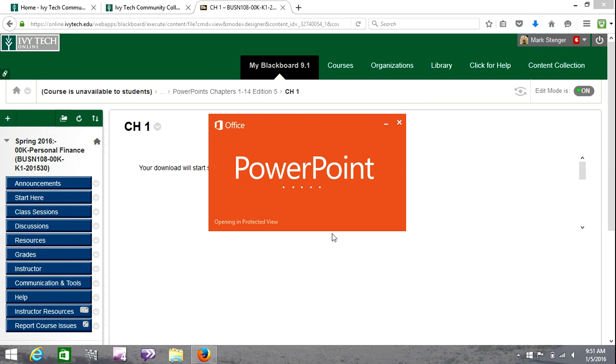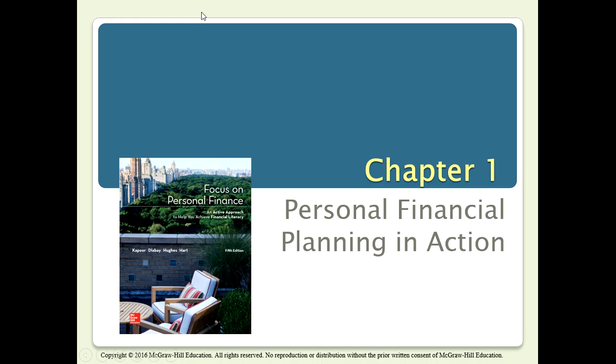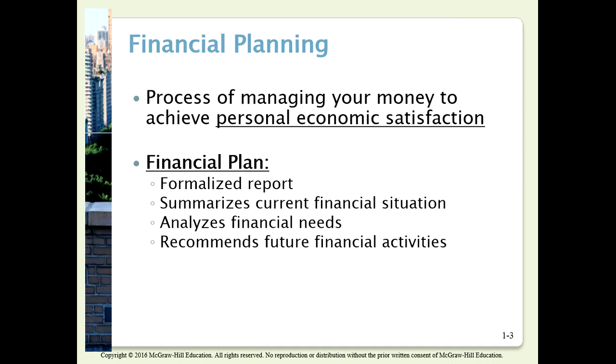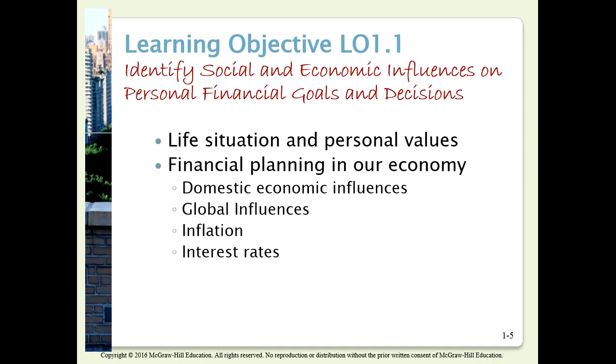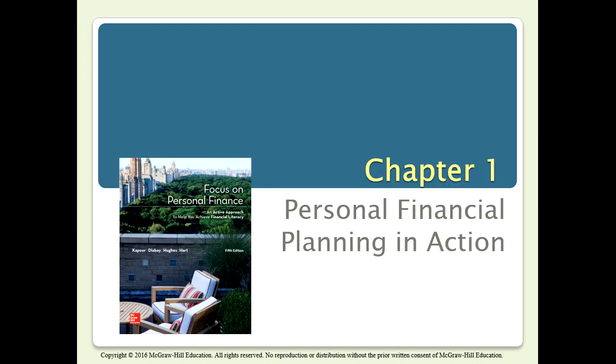And if you're not familiar with using PowerPoint in Blackboard, many of you are, once you have this open, go ahead and simply hit the F5 key, and that'll make it full screen. And then you can use your space bar to advance through the slides. If you want to go back, simply use your backspace key. Piece of cake.